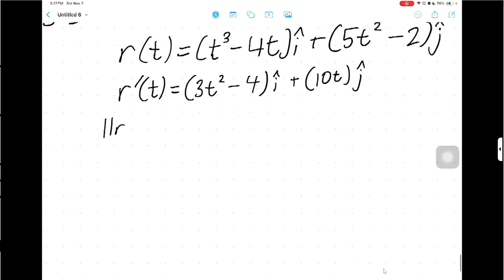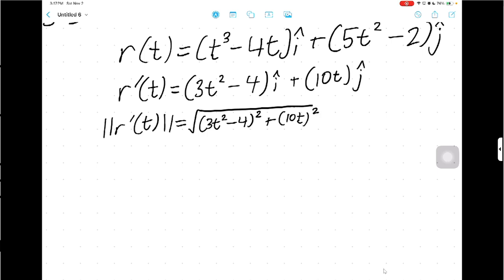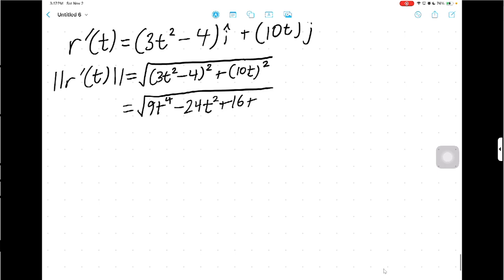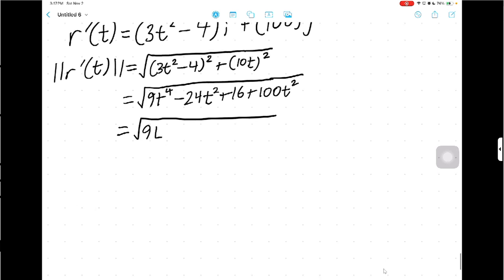The magnitude of this, squared 10t squared, we have 9t to the 4th minus 2 times this and 2 times these two, which is going to become 24t squared plus 16 plus 100t squared. 100 minus 24, that's going to become 76.